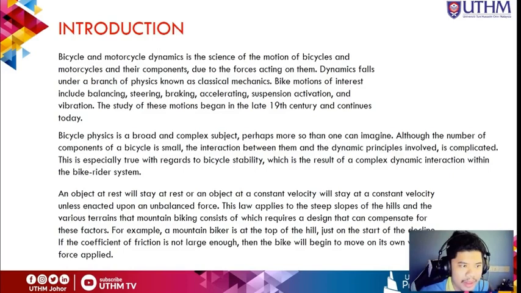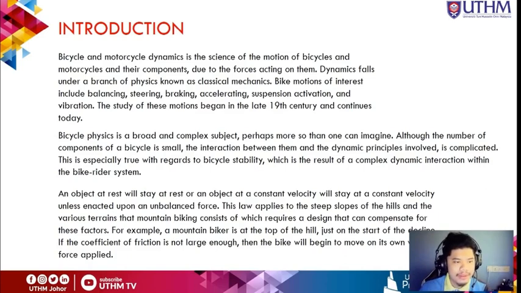So it's broad and quite complex, so we limit our research to only the velocity, the acceleration, the rigid body kinematics, and also the slope calculation for friction and gravity.